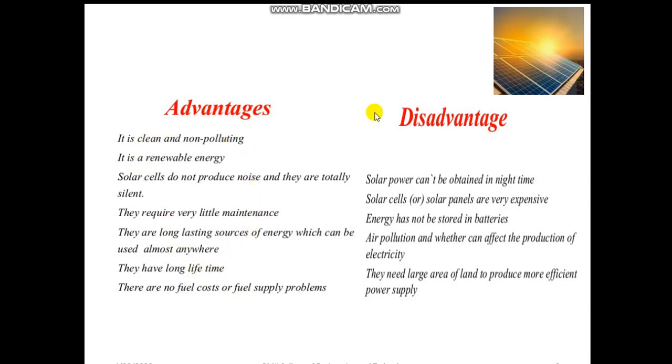At the same time we have some drawbacks. The first is that we cannot get solar power during the night time. Solar cells are also very expensive; a small one square foot solar cell costs around 1000 rupees. Energy cannot be stored in the cells, so it requires other arrangements to store the energy. There is also air pollution and the weather effect.